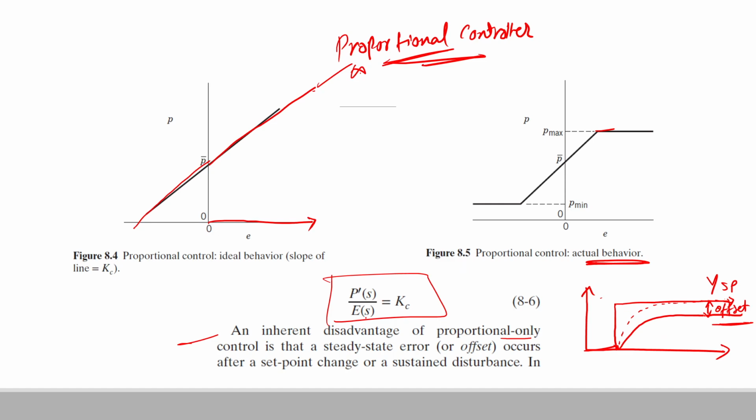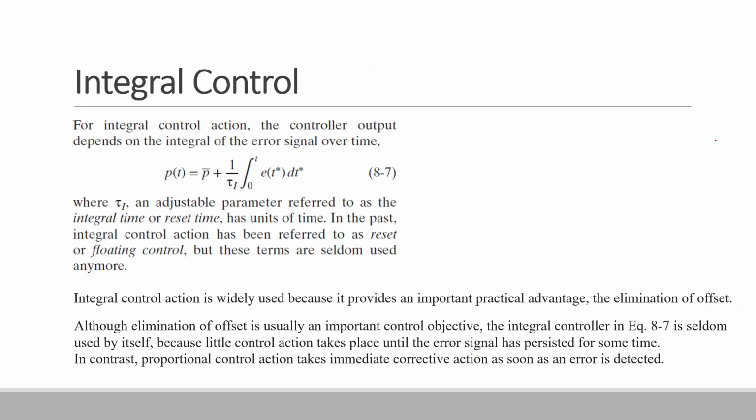But in order to mitigate or reduce this offset, we can use the integral action. So the integral controller, or the integral action, we will be studying next. In the proportional controller, the output was proportional to the error, so we didn't have any information about the past control actions or the history of the error, whether it was increasing or decreasing.